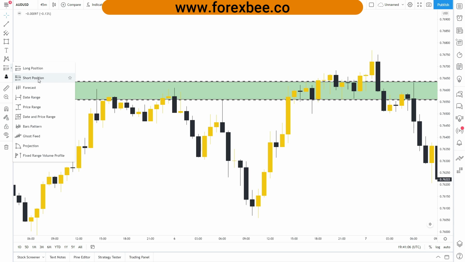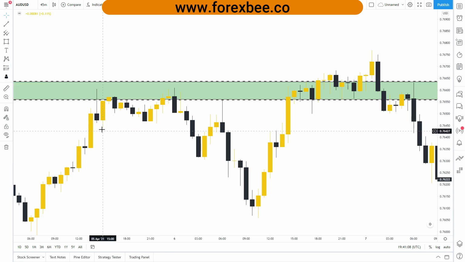As I said in the beginning, after touching the resistance, the price will always go bearish. Here you can see the trend is bullish, and after touching the resistance, it is supposed to go bearish, and that is what happened. So if we were here, we would open a short position.